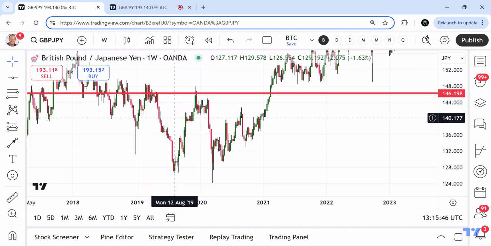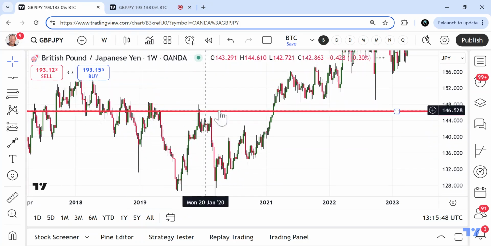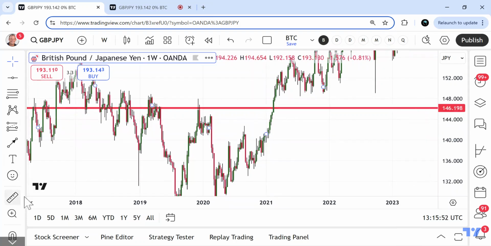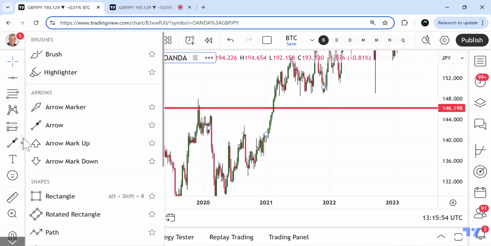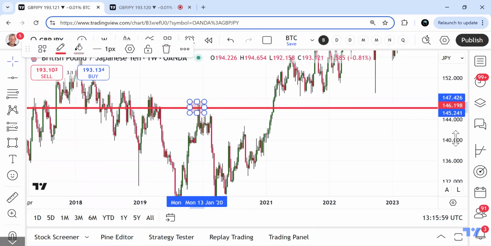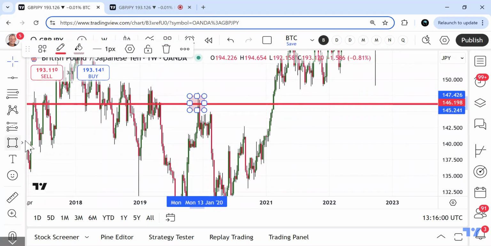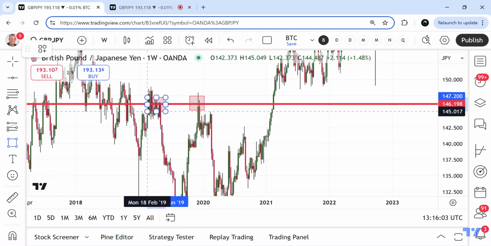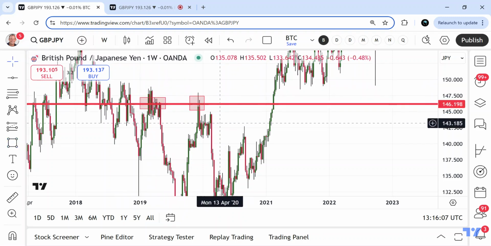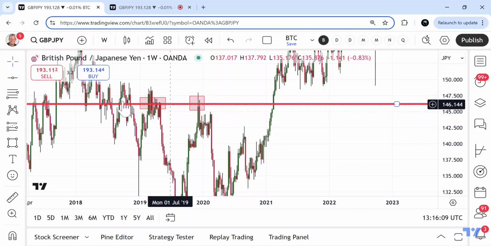Well, if we know that our resistance level is right here, then I would say that would be a good selling opportunity. All these levels here where it touches 4 or 5 times is another good selling opportunity as well.